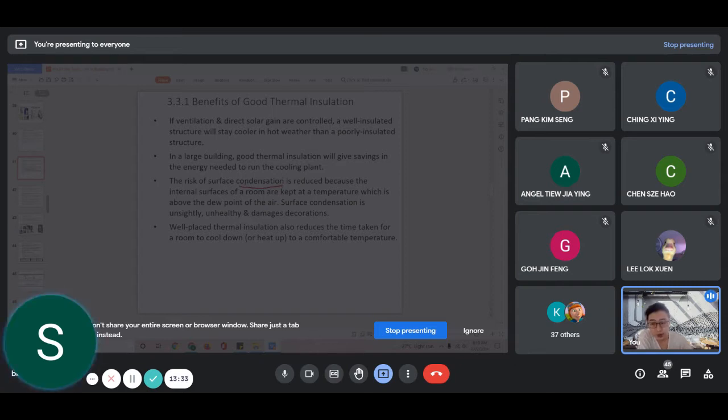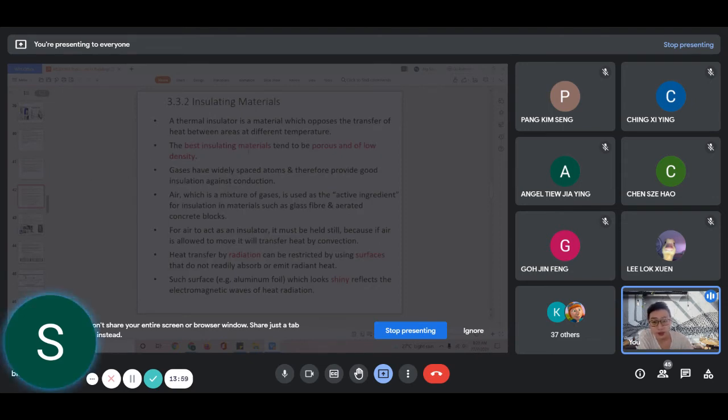So humidity in the air actually correlates with how hot the heat is. We will talk more about this in the next part, but do note that humidity and heat are actually related.